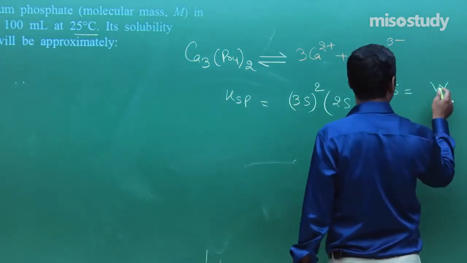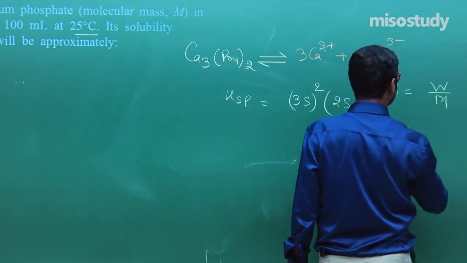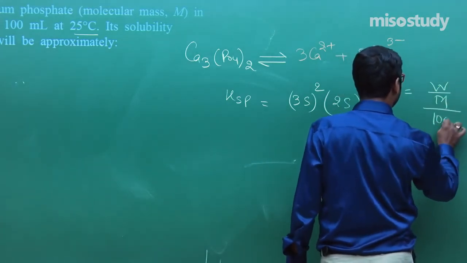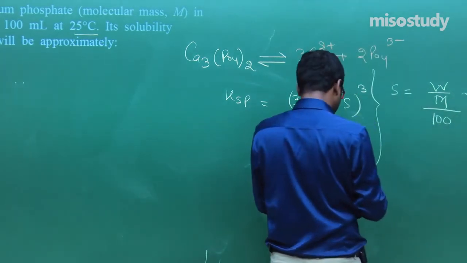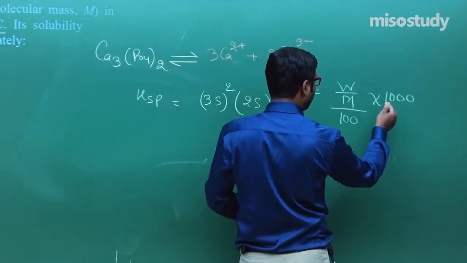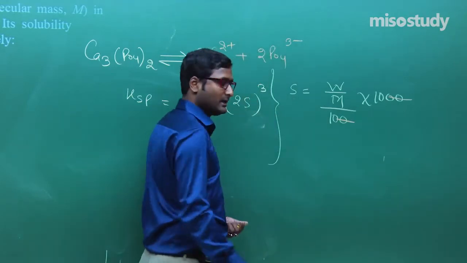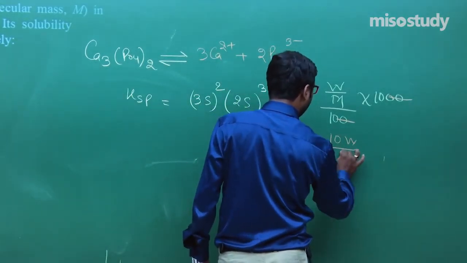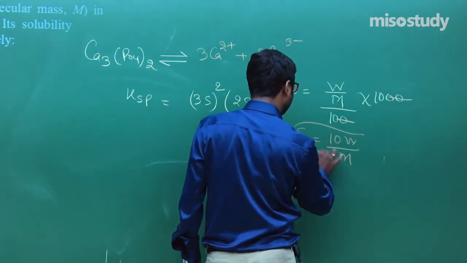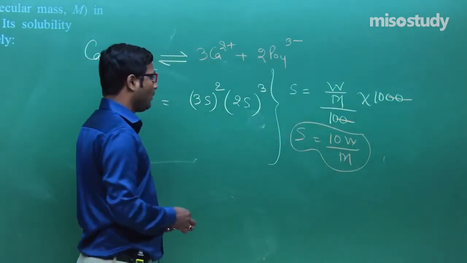Clear to you? Upon molar mass, number of moles, then upon 100 ml, convert into liter, multiply by 1000. Then S is equal to, here this will cancel this one, then S is equal to 10 W upon M. This is the solubility.